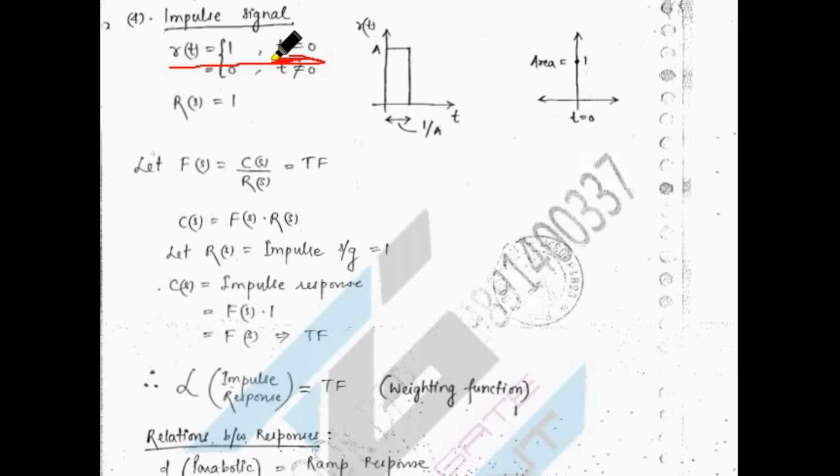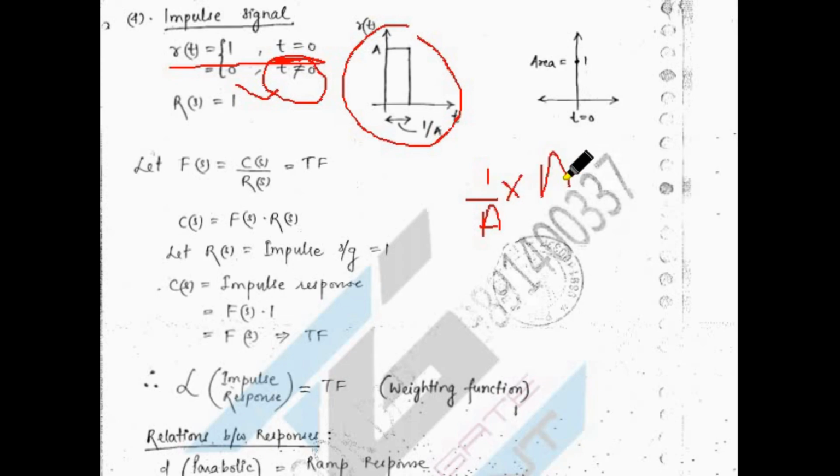If you take the integration of this, it will be 1. Suppose you are finding the area of this signal, the area is length multiplied by height h. So a into 1 by a gets cancelled out, so the remaining is 1. So you are representing that one.